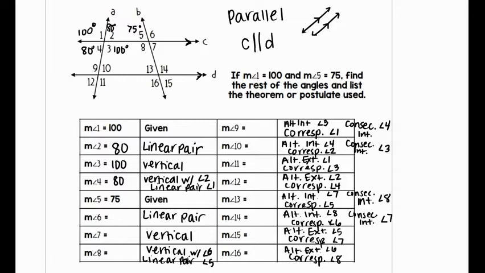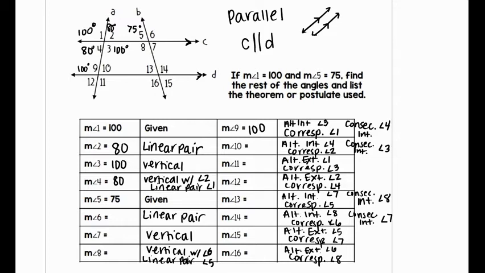Because the transversal is going through C and D, we know that these two must be congruent. So I'll know that angle 9 will be 100 degrees because it is an alternate interior angle with angle 3. I also know it corresponds to angle 1, and it's also a consecutive interior angle with angle 4, so it adds up to 180. So for any of those reasons, we can say that the measure of angle 9 will be 100.